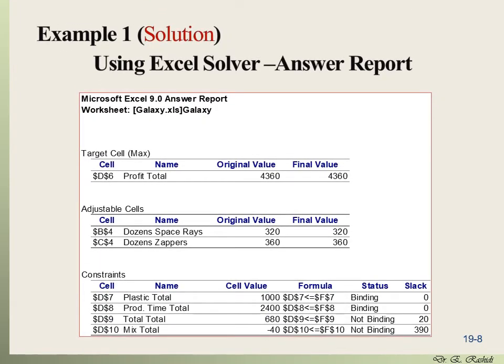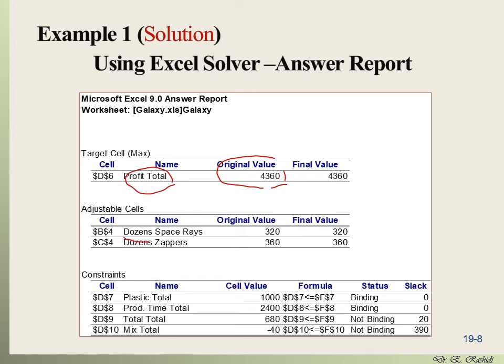The Excel solver, when you use it to solve a linear programming model, can actually produce for you what is called an answer report. In this report that you see, based on the example 1 that we solved, it gives you the total profit here, the optimal value, and also the decision variables at optimality.